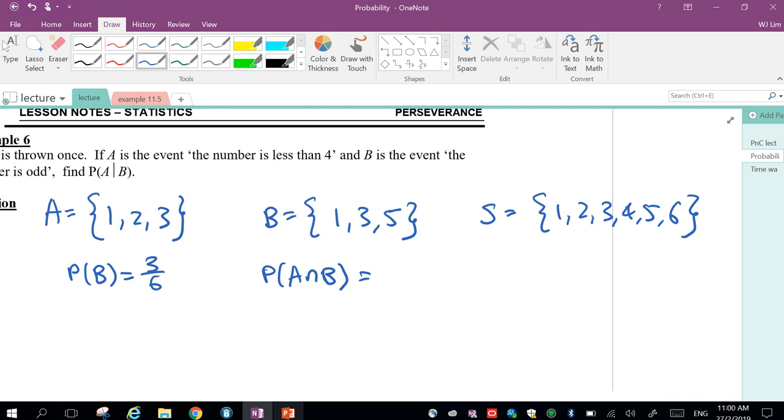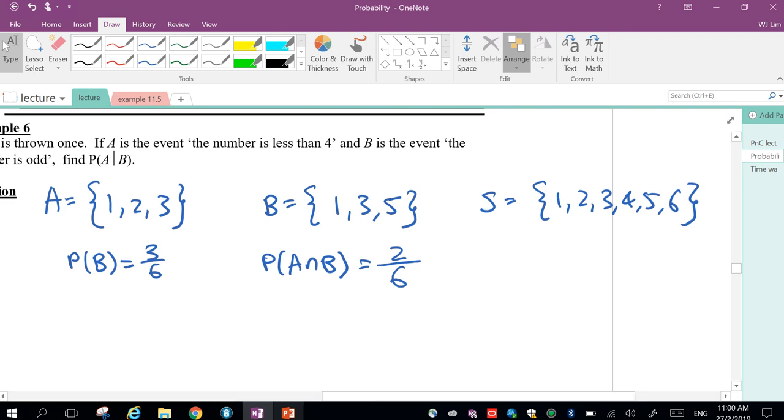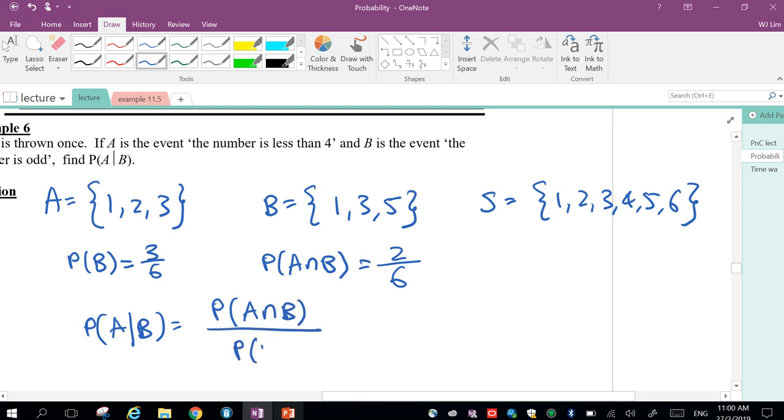So there are 2 outcomes out of a possible 6 outcomes, because we divide by the outcomes in the sample space. Why do I find these 2 probabilities? Because I want to use my formula. Probability A given B is probability A intersect B divided by probability B.